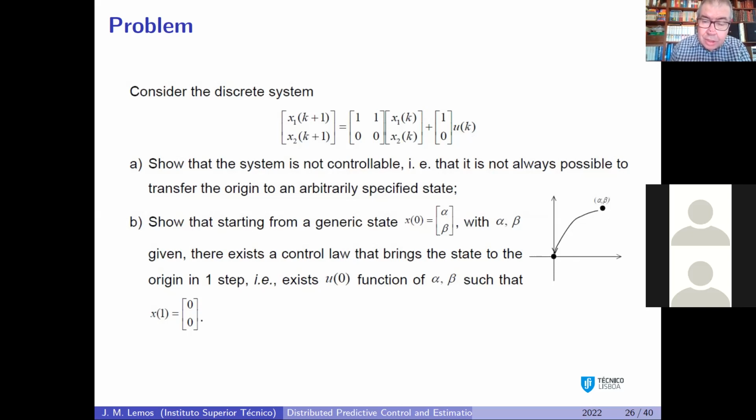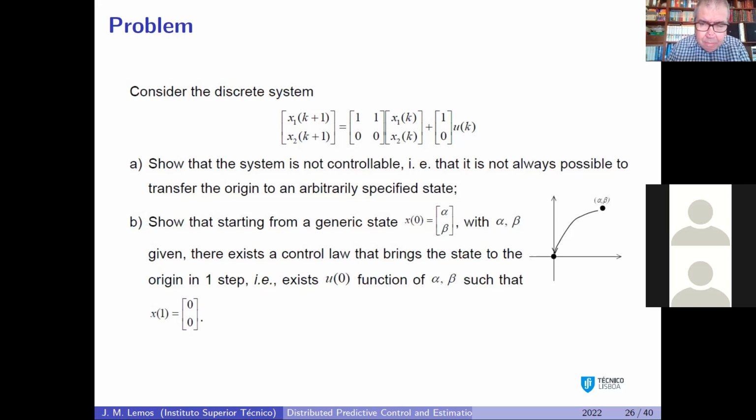Okay. In continuous time, the two notions are equivalent. In discrete time, they are not, as you can see by this example. This system is controllable to the origin, but not controllable in the sense that it's not reachable. So if you apply the criterion of the rank of the controllability matrix, it will fail.